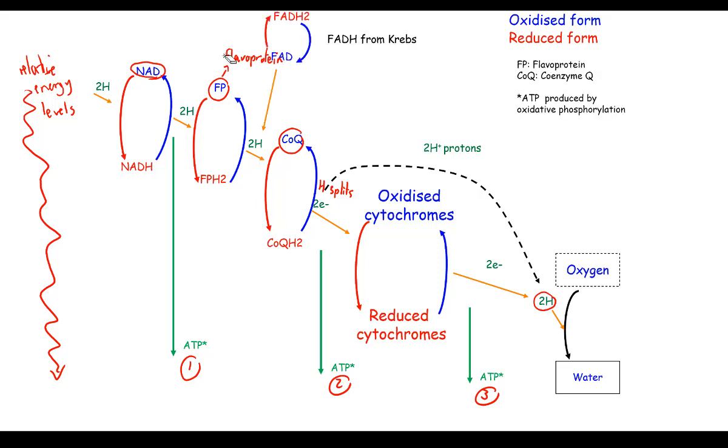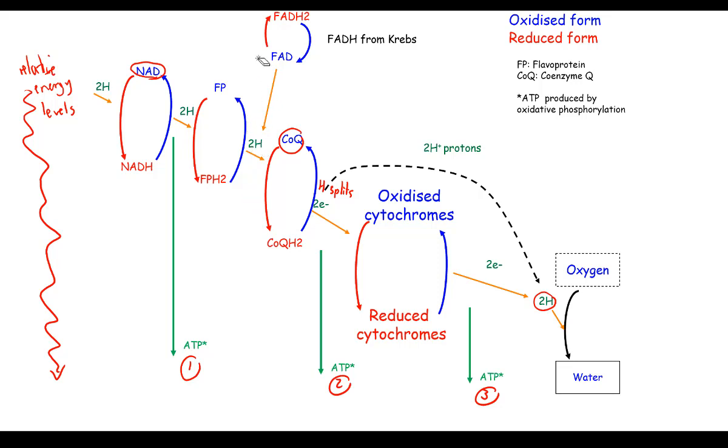Now, it's slightly different if we've got FAD, which we only get produced in the Krebs cycle. The FAD will release its hydrogen into this point. So you can see here that after this point, there's only enough energy to make 1, 2 ATPs.